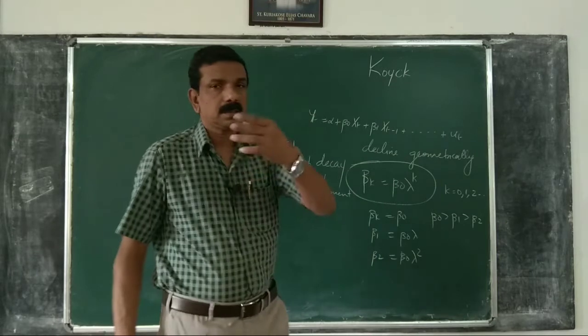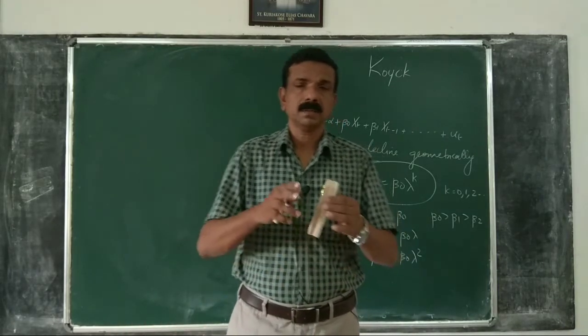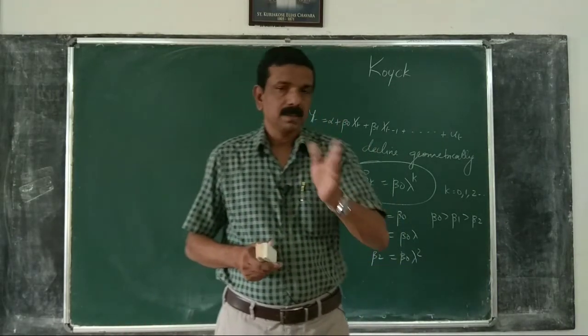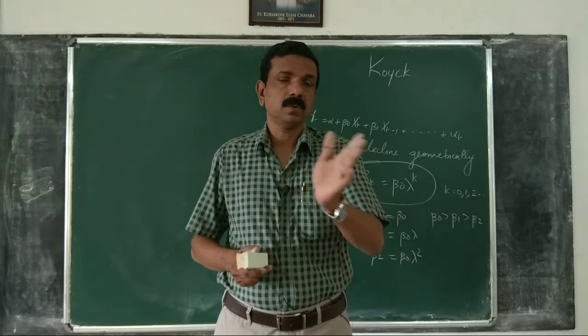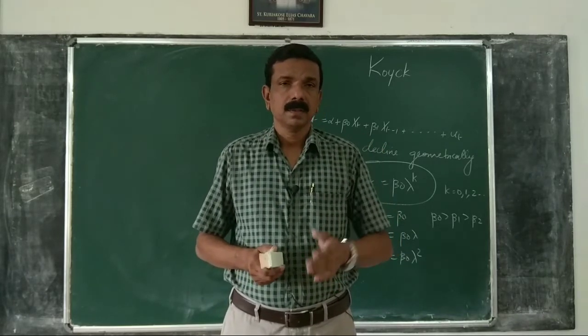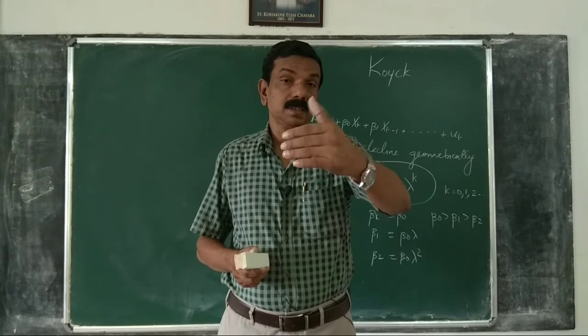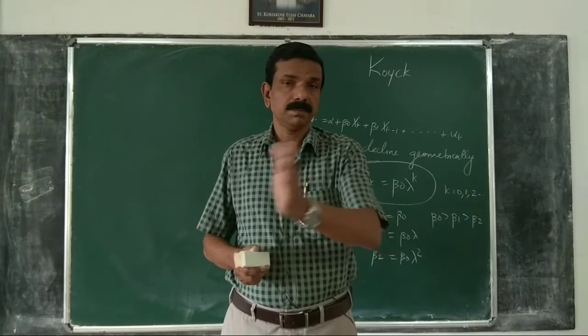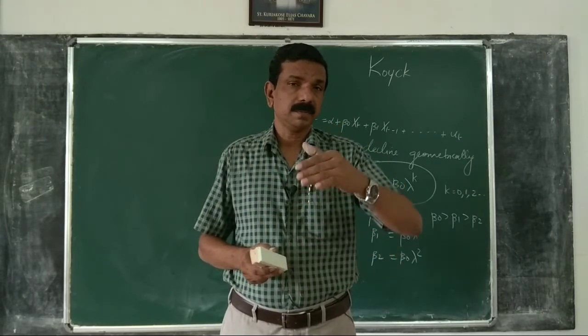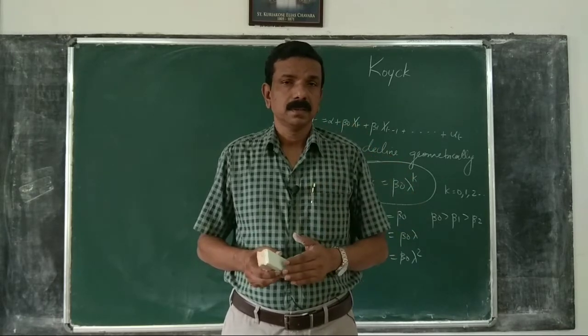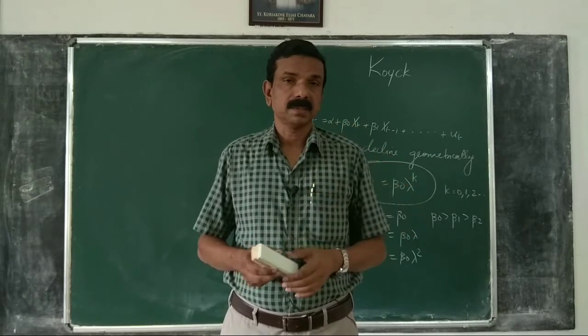And this is a reasonable assumption because as we move towards the back, the impact of distant past on present value of the variable will be lower than the impact of recent past.